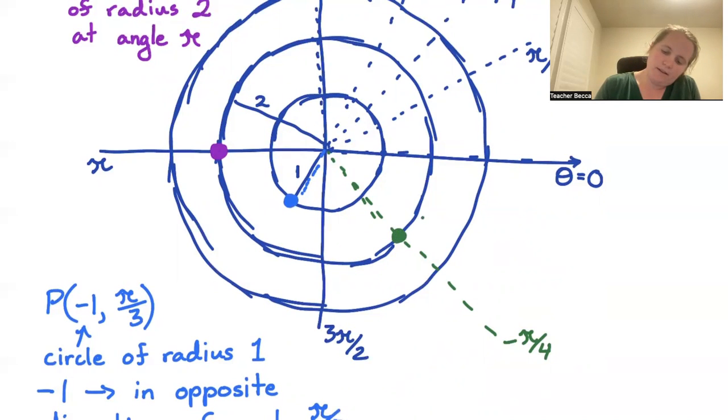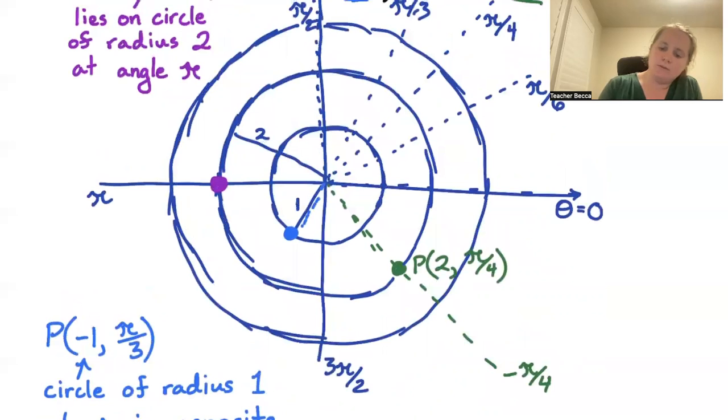So again, this is the point. This particular point in green corresponds to the point P of 2, -pi over 4. The point I drew in blue corresponds to P of -1, pi over 3. The point I drew in purple corresponds to P of 2, pi.